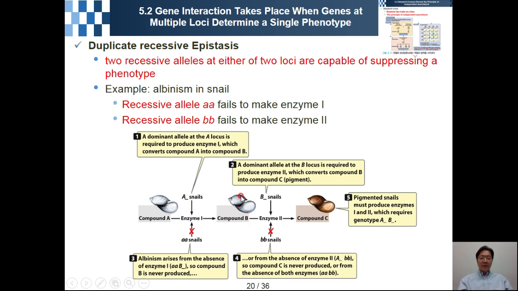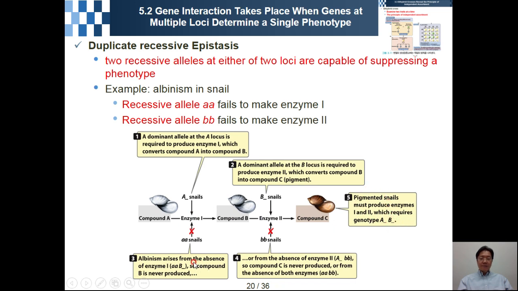After B is made, the dominant allele at B is required to produce enzyme 2, which converts compound B into compound C, which has the brown pigment. So a pigmented snail must produce enzyme 1 and enzyme 2, which requires A_ B_.